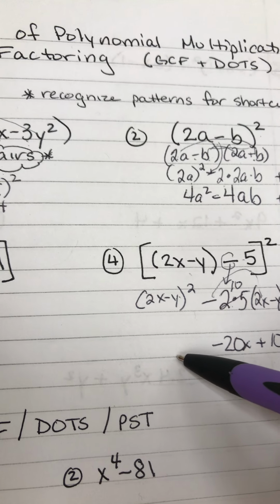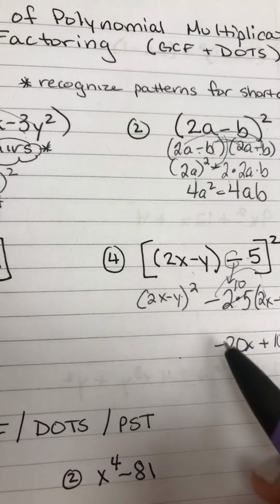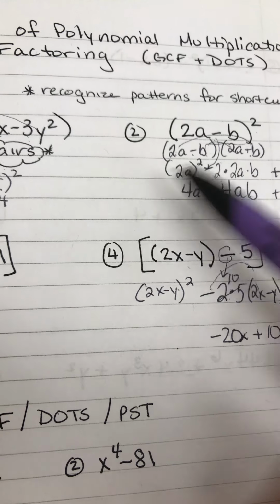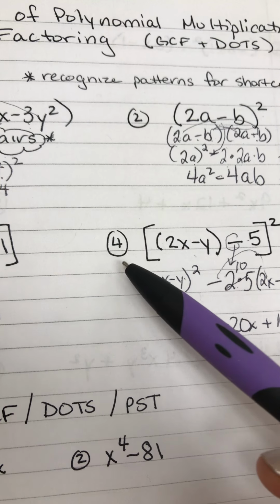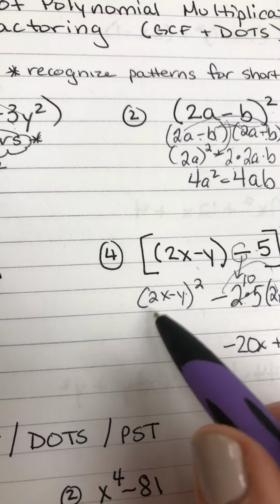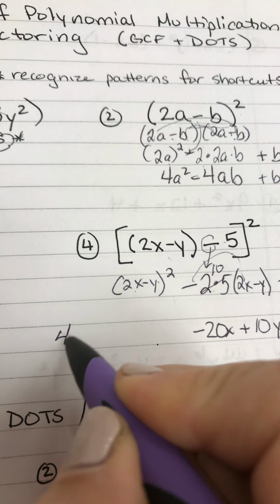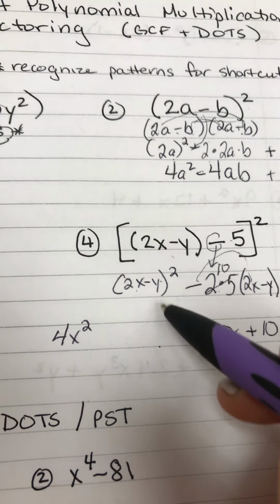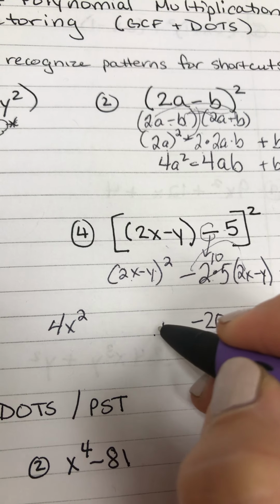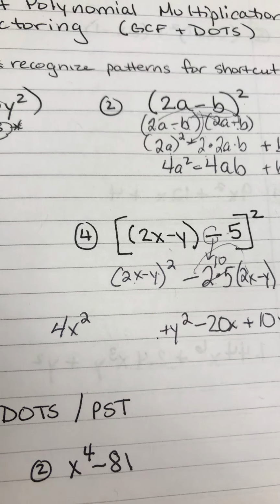Now, a third time, on this problem. So we did it once here, we did it once in number 3, and now we'll do it again here. You're going to take the first term and square it. So 4x squared. You're going to take the last term and square it. So positive y squared.